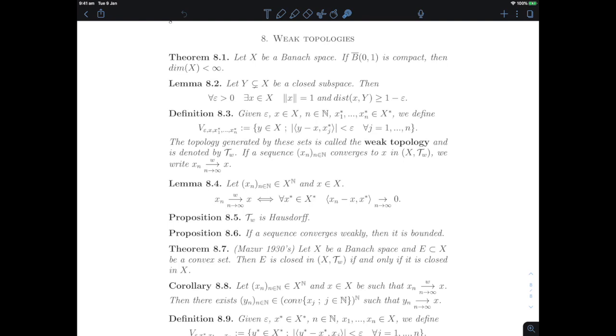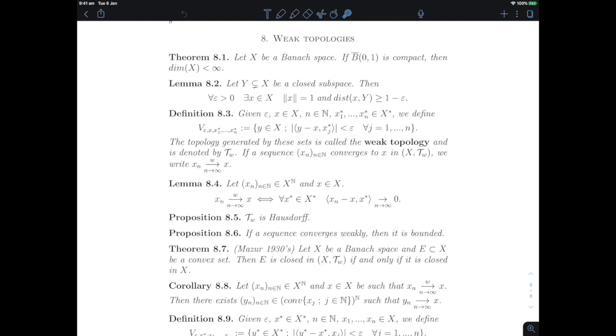So really the idea is that you're testing that y is close to x, but you're only testing in finitely many directions, right? If I were in finite dimension, I would not need arbitrarily many x star to test the norm of y minus x. I could just take the canonical basis, and I would only have finitely many of them to test, and then by testing against all elements of the basis in finite dimension, I would know that y minus x in norm is small.